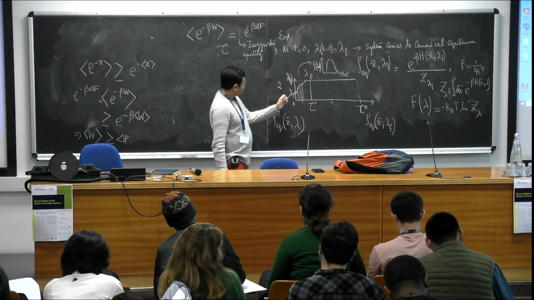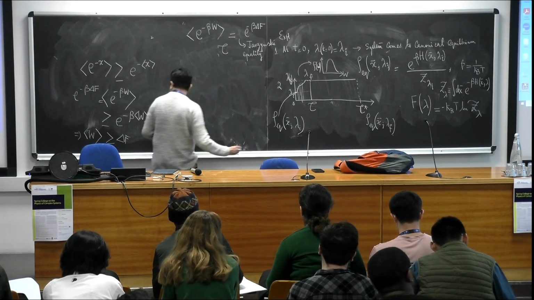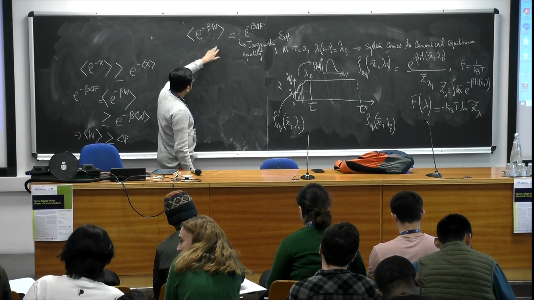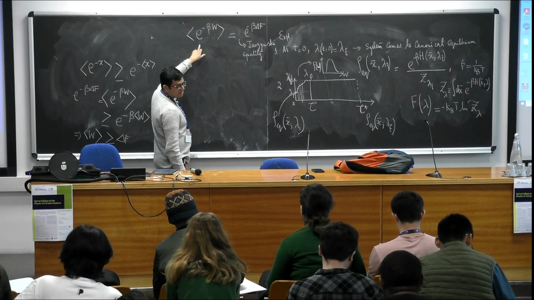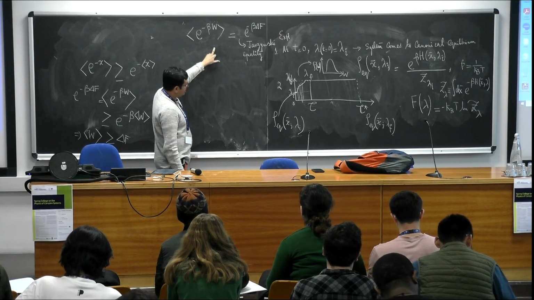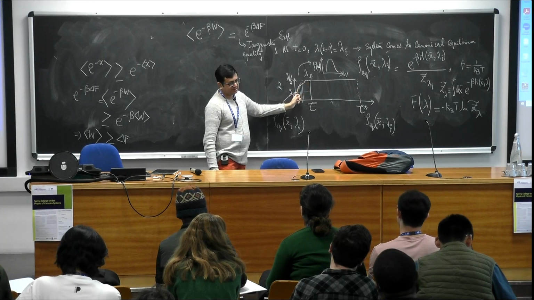So here you see, before I go to that work distribution, let me just mention one more thing. You see the left hand side, you would think would depend explicitly on how I am changing lambda as a function of time.